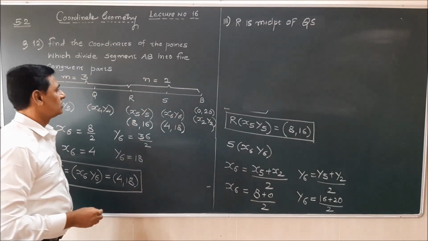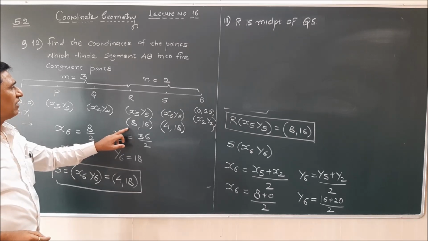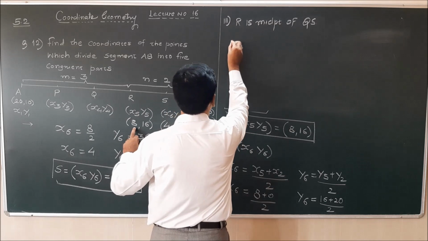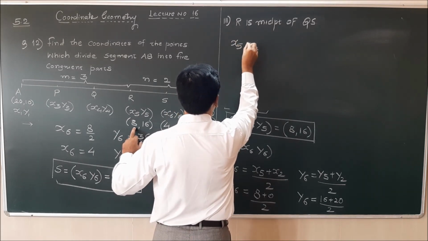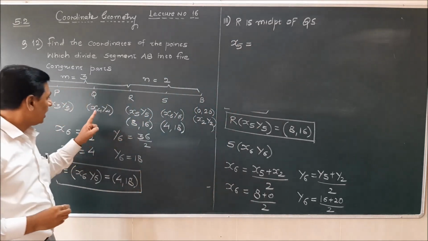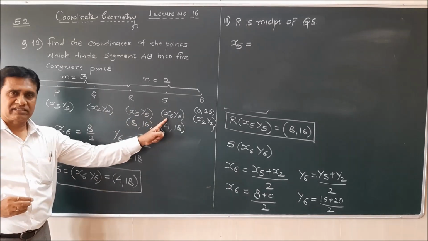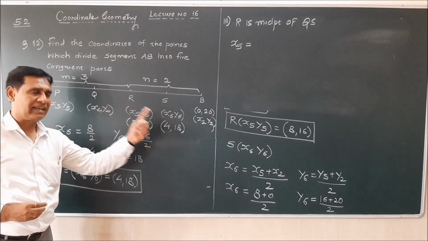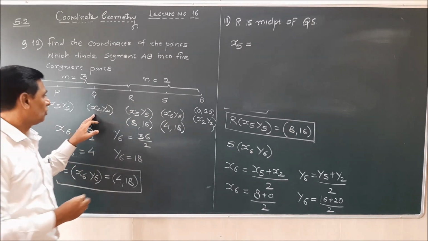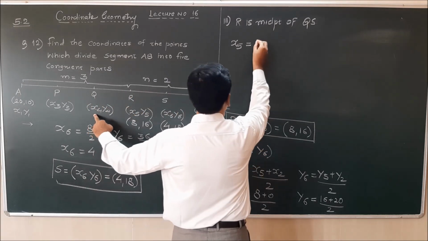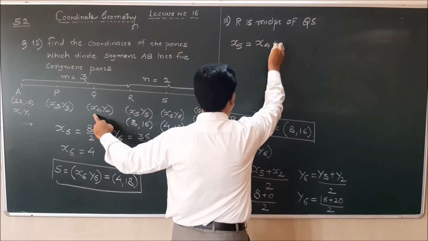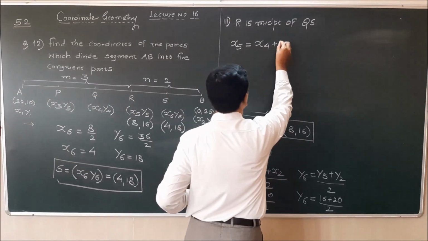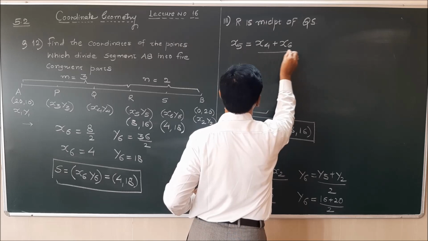Now see here, dear students, x5 is a midpoint, okay? So x5 is equal to x4 plus x6 upon 2.